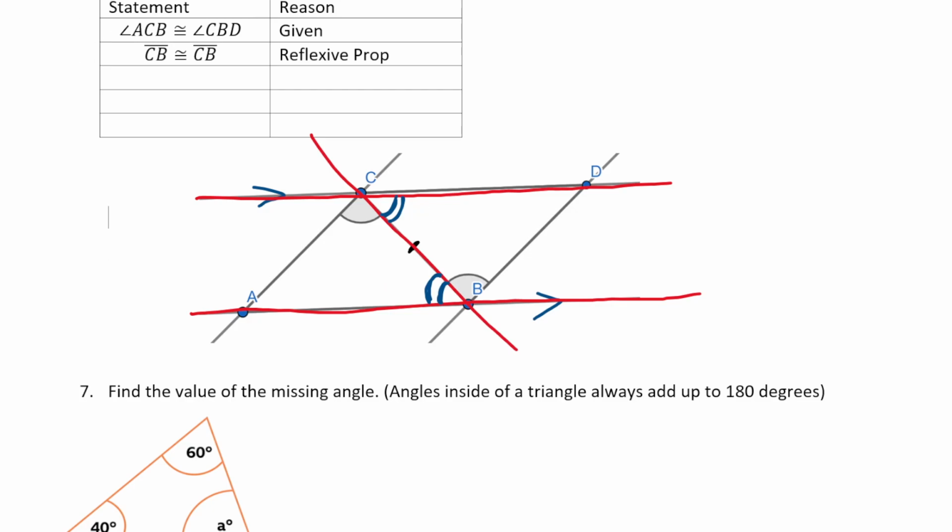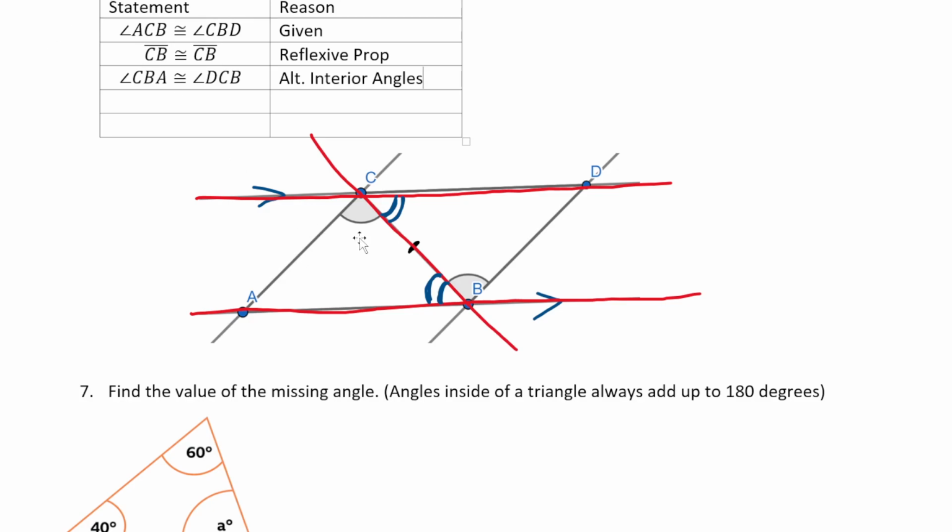So that would be angle CBA is congruent to angle DCB. Now, how do I know that? Well, because they are alternate interior angles. They are congruent because they are alternate interior angles.